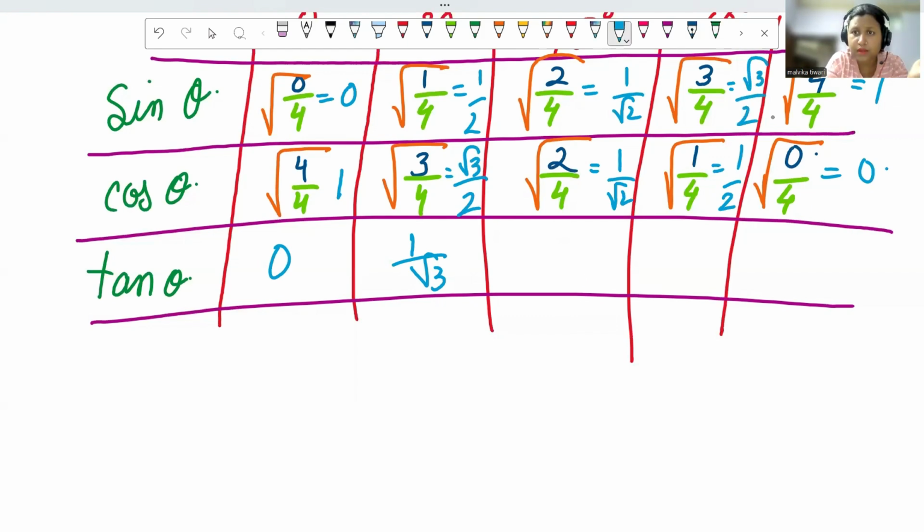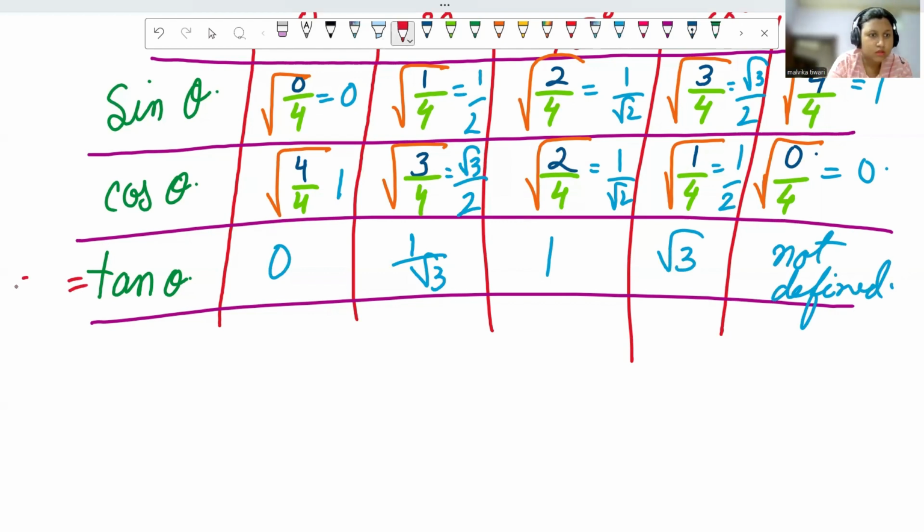This is 1, this is root 3, and this is not defined, because you cannot divide 1 by 0. So here we have used the relationship sine theta by cos theta is tan theta. So we have just divided them.